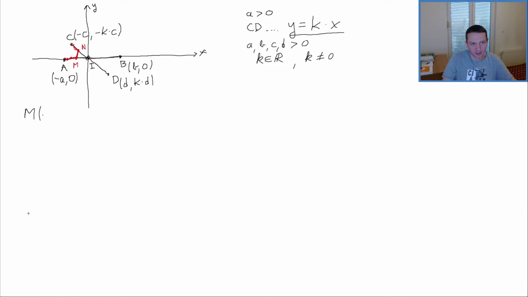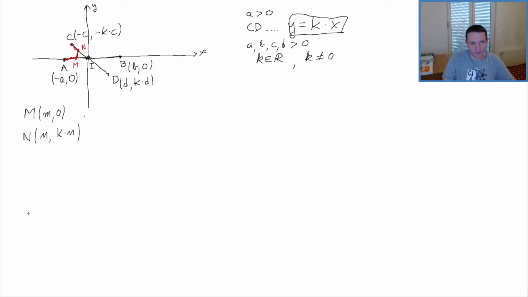So coordinates are M, 0. Again, second coordinate is 0, and N has coordinates N, and the second one is again k times N, because following this equation on the line CD.